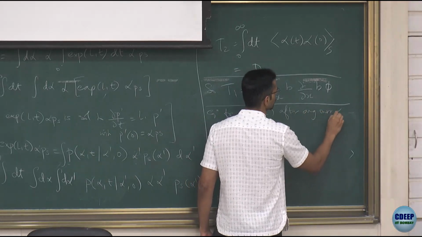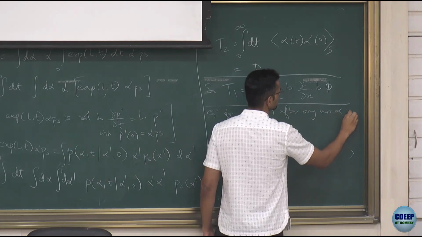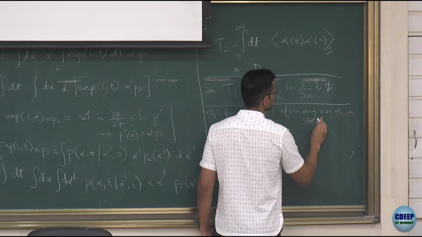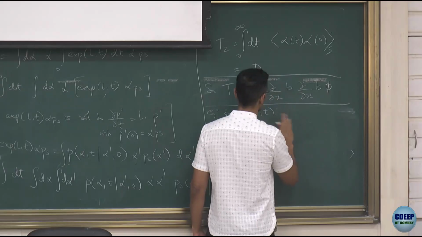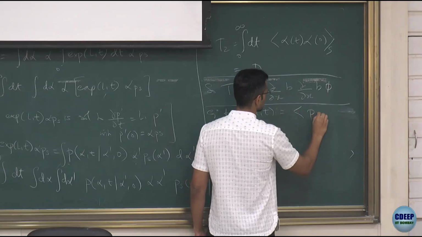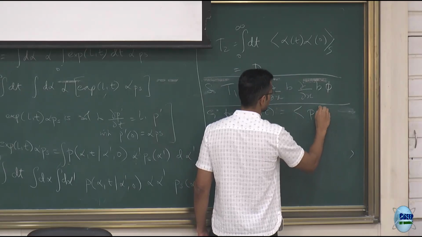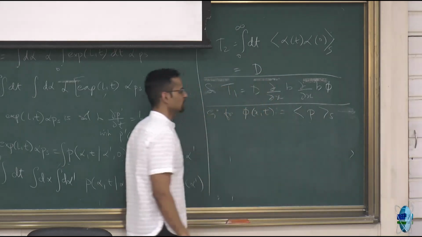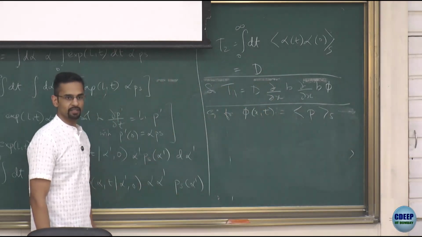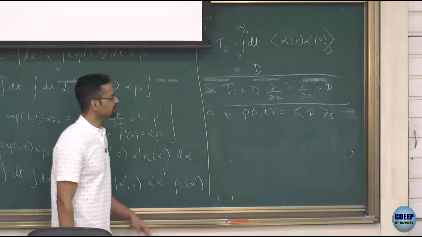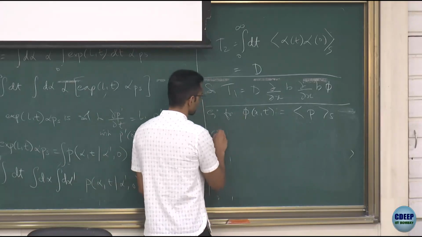After averaging over alpha, right, in the stationary regime. Or let me write it like this. Right, so it's the average of the distribution in alpha in the stationary direction.